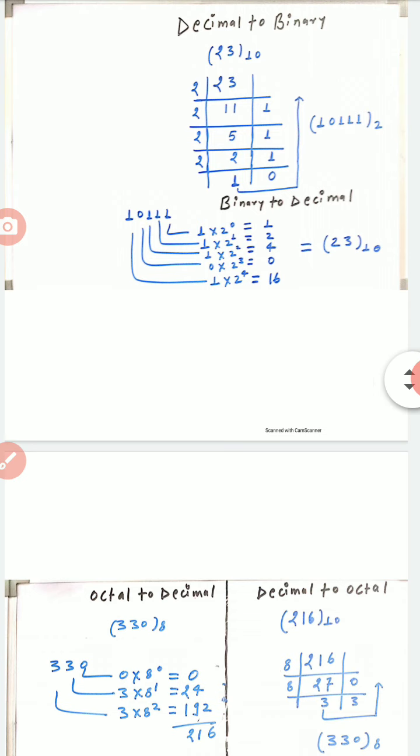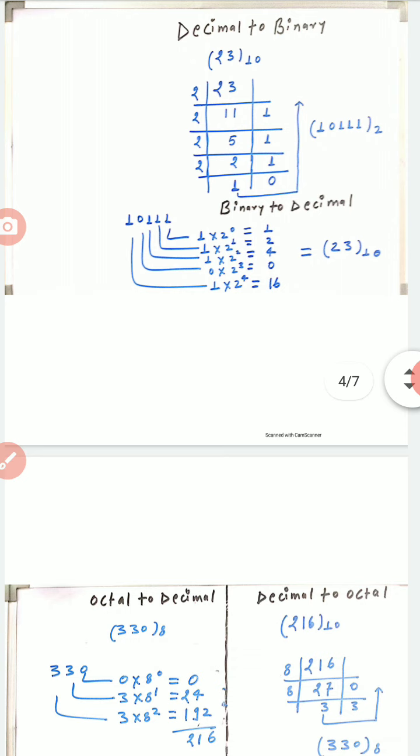So now I converted 23 into the binary number, and again the binary number I have converted to the decimal number. That's how we convert. Again I'm saying to you, it is very important to know converting decimal to binary and binary to decimal thoroughly.